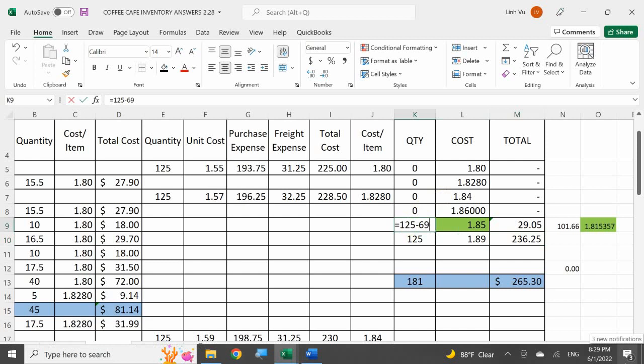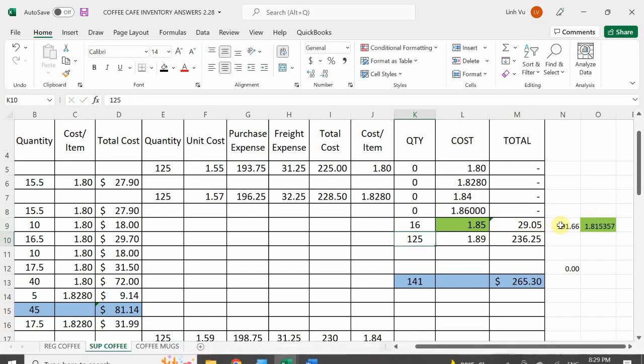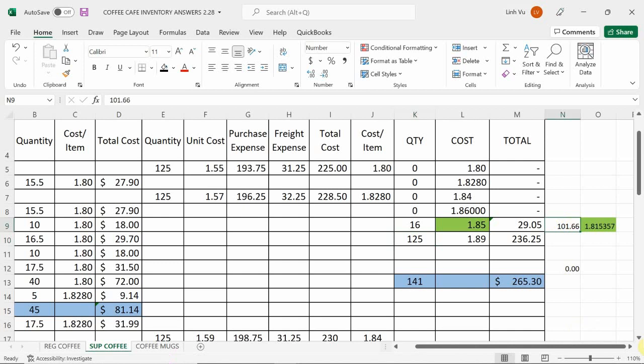And of course, what is 56 minus 40? You only have 16 pounds left, right? So in this case, I'm just going to double confirm if this is true, right? $29.05, okay? Awesome. So that's going to, again, drop your account balance to a total of $265.30. Okay. Awesome.